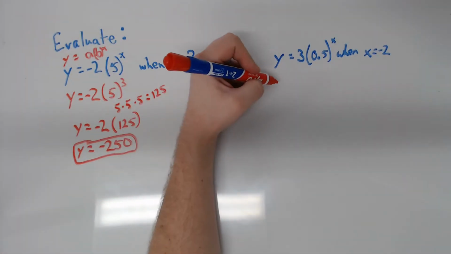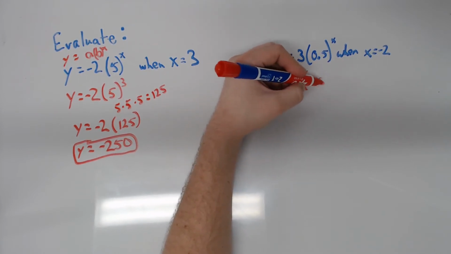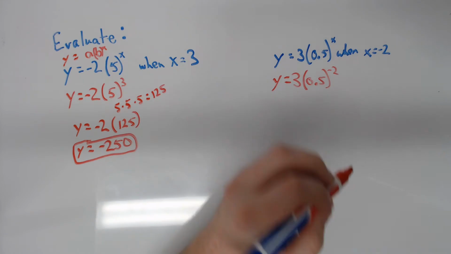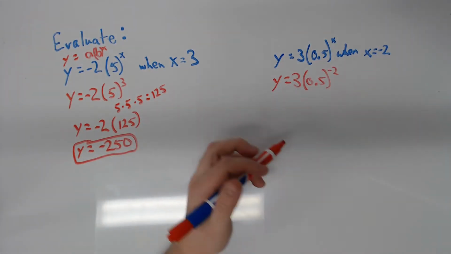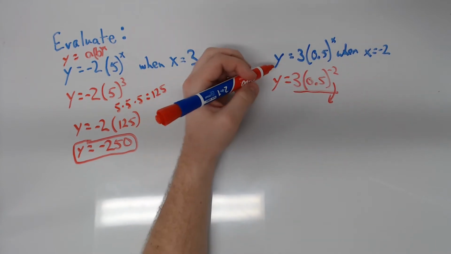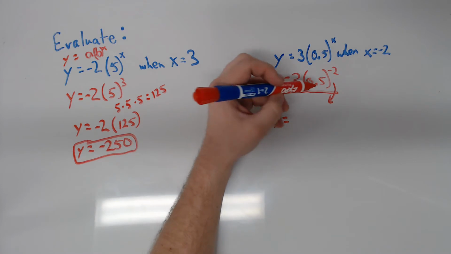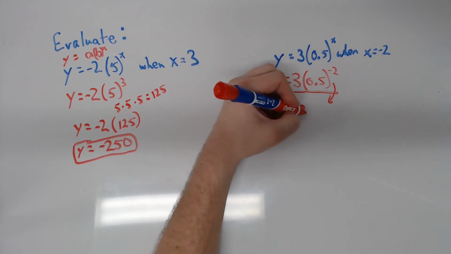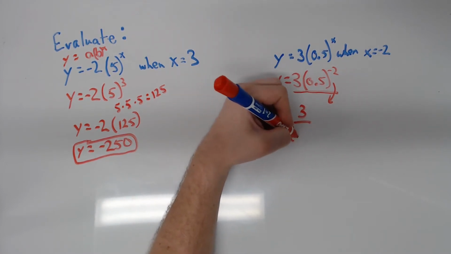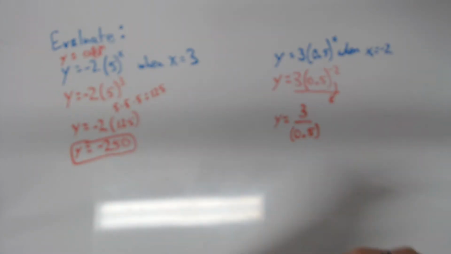Now we'll head over here. Now I've got an exponent of negative 2. Do you remember what we do with that? We've got to go back to our properties from 6.1. We take the reciprocal of that piece to get it to be a positive exponent. You can also put this in a calculator directly as negative 2.